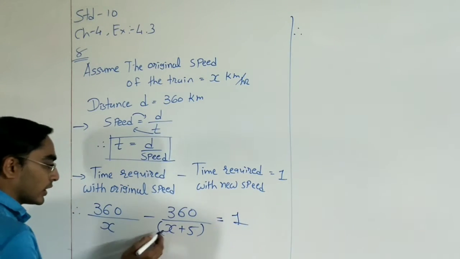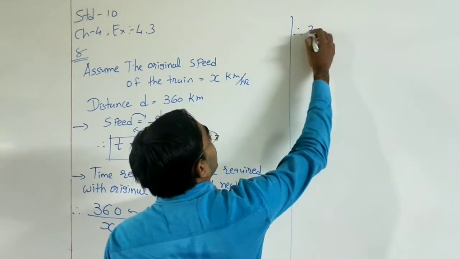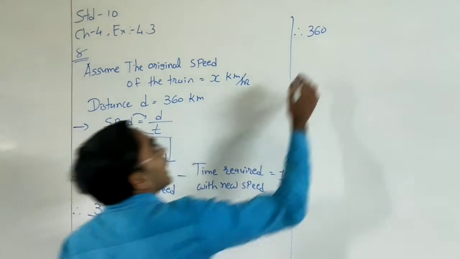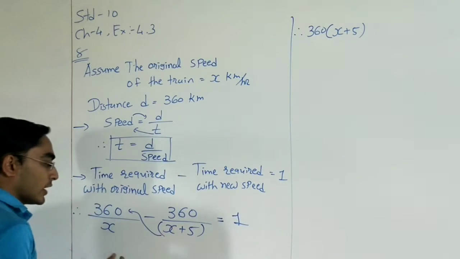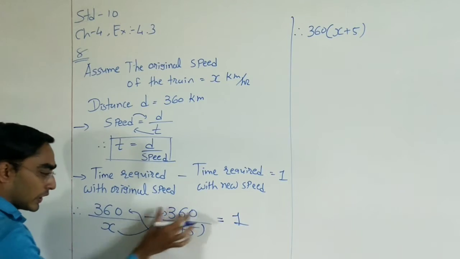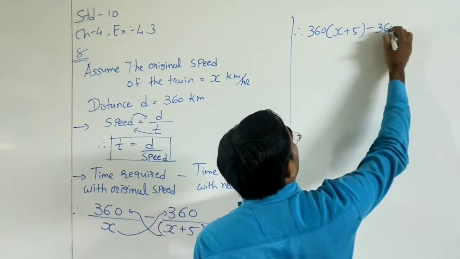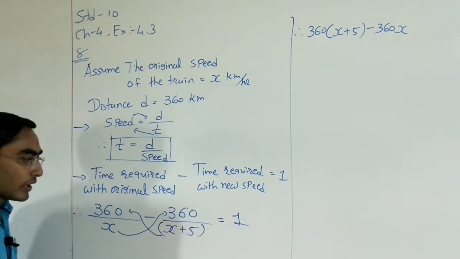That means this x plus 5 we need to multiply here. So 360 is already there, multiplied with x plus 5. Minus, now this x we need to transfer here. So 360 multiplied by x, with the minus sign before it, is minus 360x.